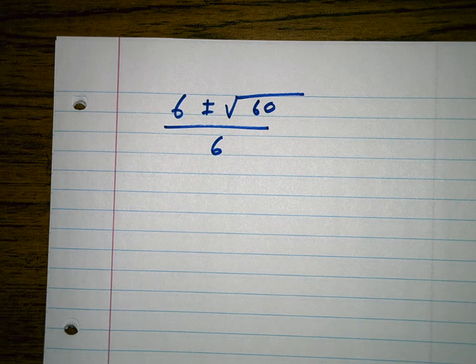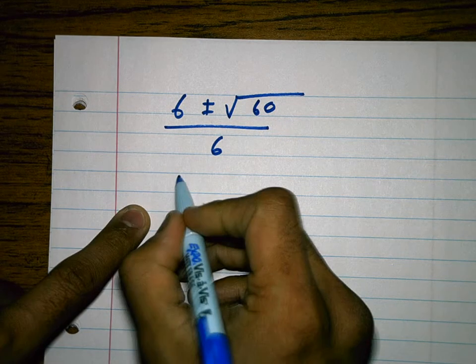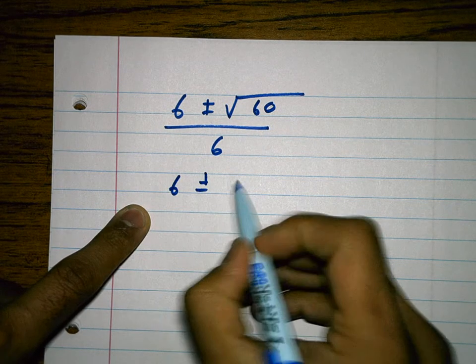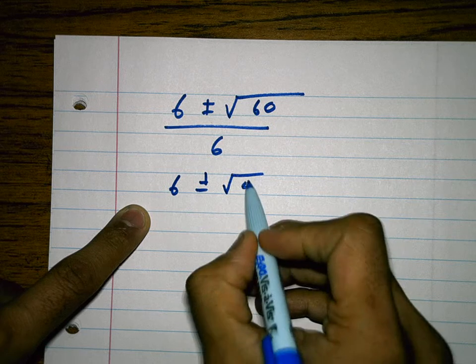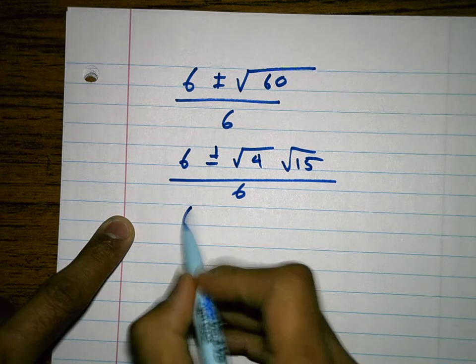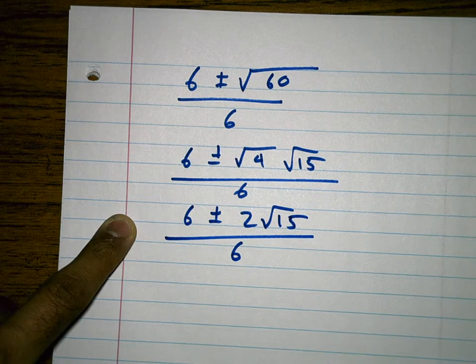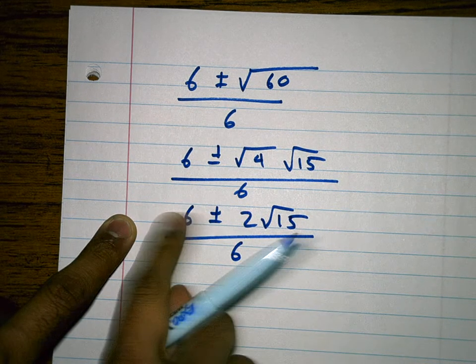I can take a 4 out of that 60, right? So this is going to reduce to plus or minus root 4 times root 15 all over 6. And that reduces to 6 plus or minus 2 root 15 over 6. I can only reduce if I take it out of both of these terms.